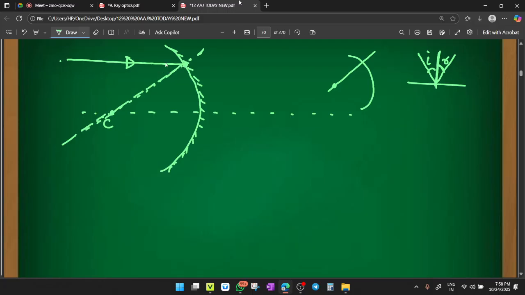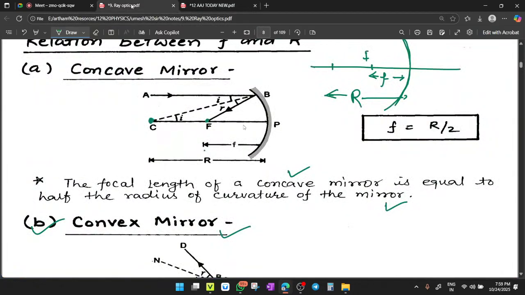Now, if this is the angle i, plot the same angle, and with the same angle r, light will be reflected. Clear? So i equals r. And the light coming parallel to the principal axis, after reflection passes through a point, that point is called the focus.